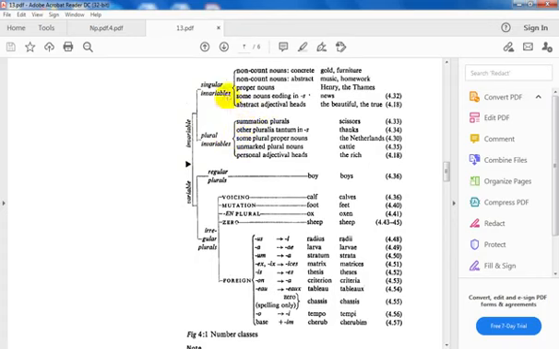The singular invariable includes non-count nouns like gold, furniture, with abstract ones like music, homework, proper nouns, and all the classes of the proper nouns. Some nouns ending in s, like news. Abstract adjectival heads like the beautiful, the true.